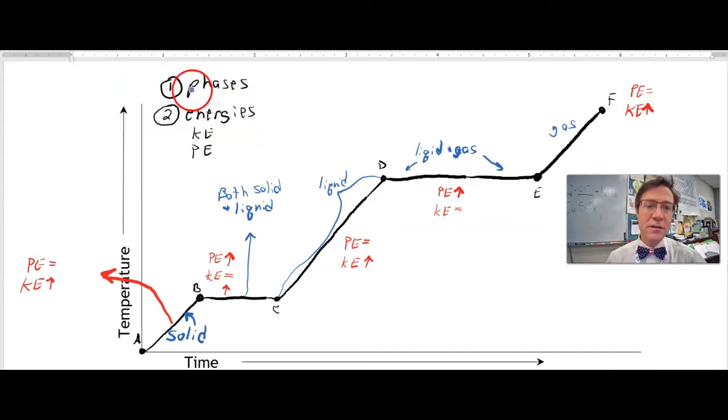Oh, hey, one other thing that we should talk about is what these phase changes are called. If we're going from a solid to a liquid, we call that melting.